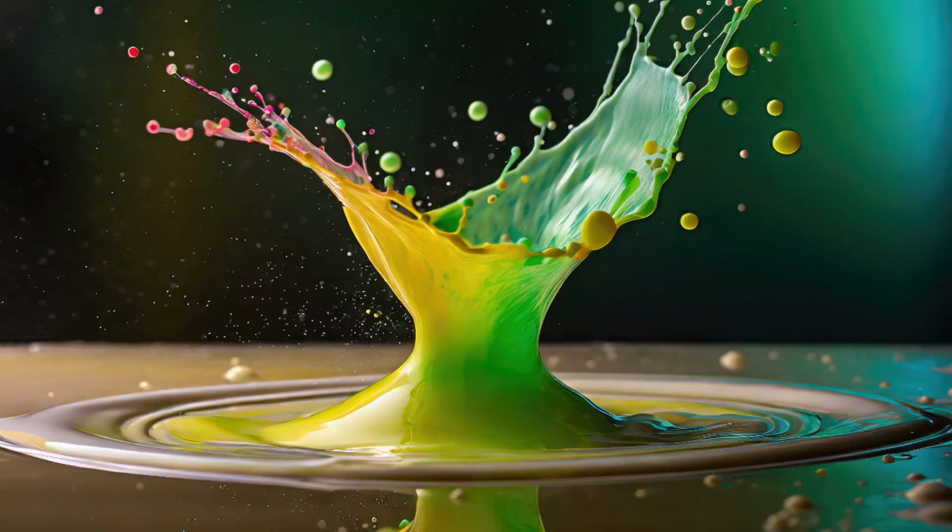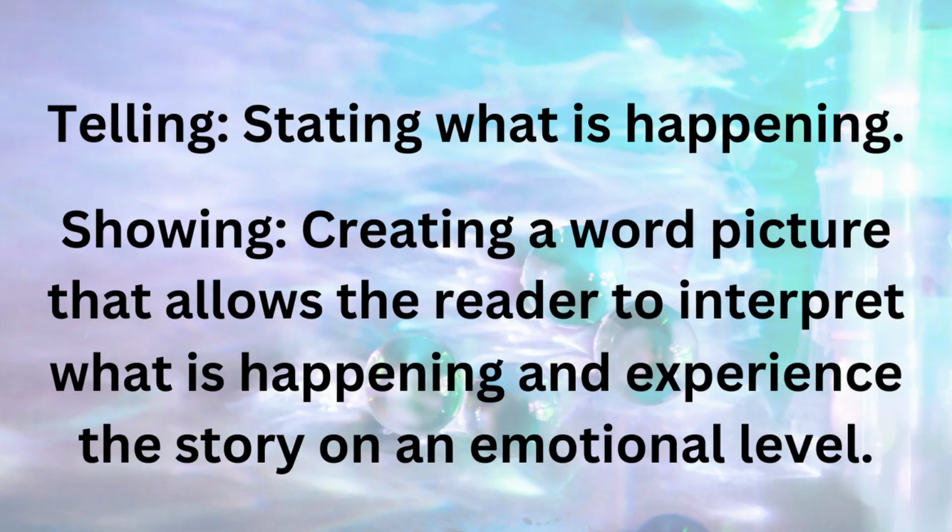Well, show, don't tell is creating a visual picture in the mind of the reader of what is happening, instead of just telling the reader what's happening. Another way to say this is telling is stating what is happening, and showing is creating a word picture that allows the reader to interpret what is happening and experience the story on an emotional level.